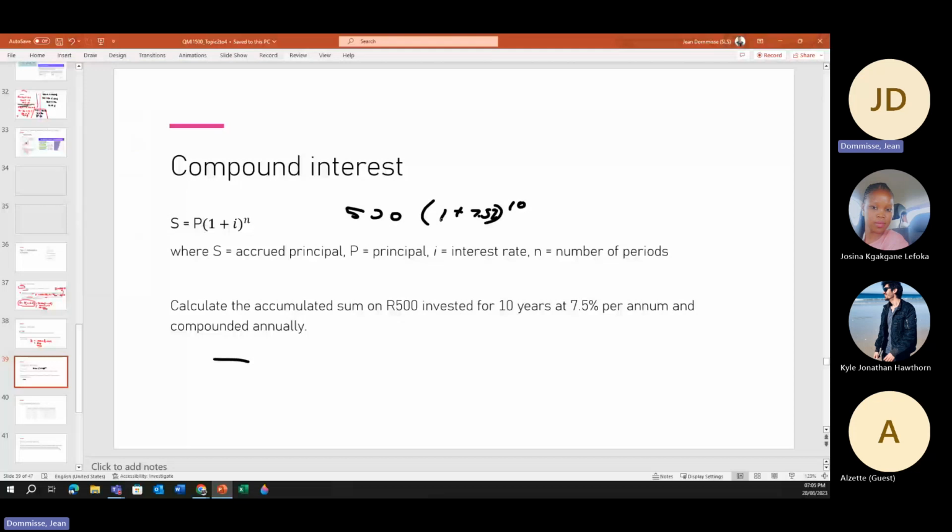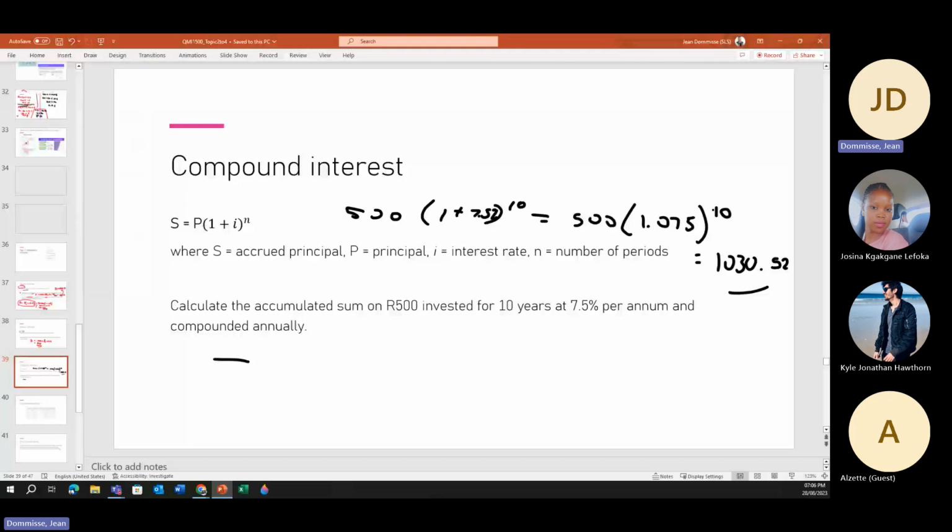Okay, so we could have worked that out. That would be 7.5% plus 1, I just want to show you, to the power of 10. So I get something like that, which is equal to 2.06 if we round it off.